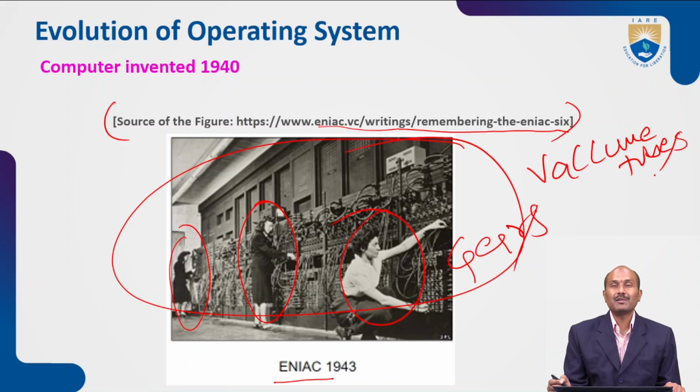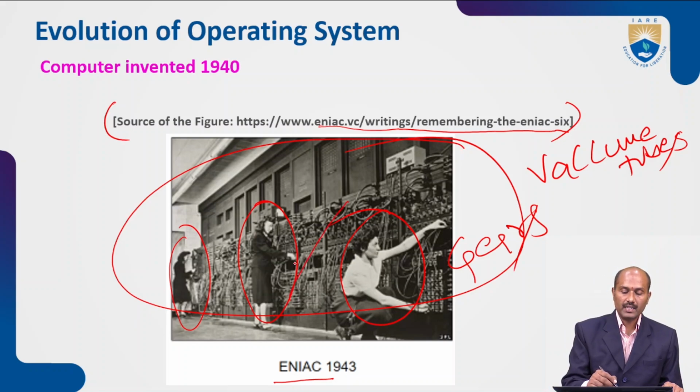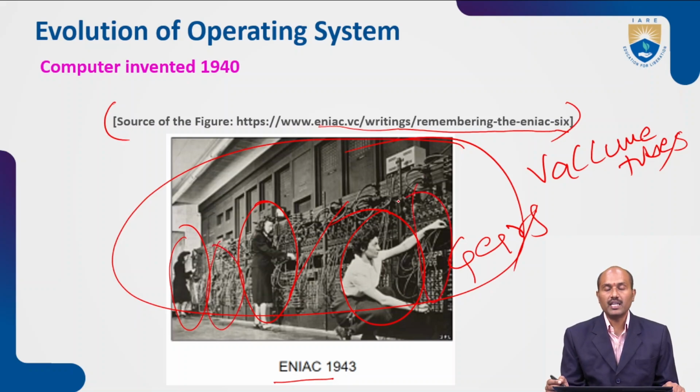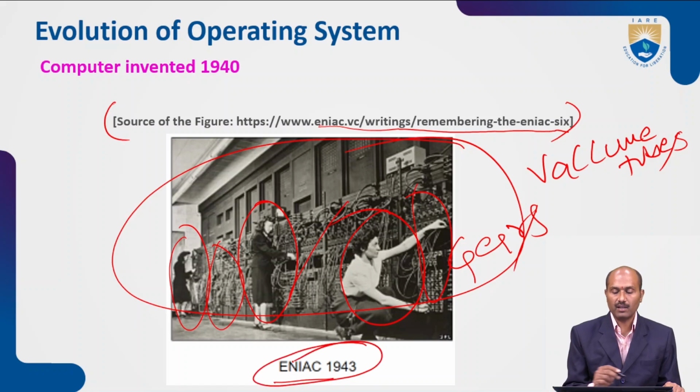It contains more than 1,000 vacuum tubes and many wires. You can see many wires here. This computer was invented in the 1940s, in 1943 exactly.